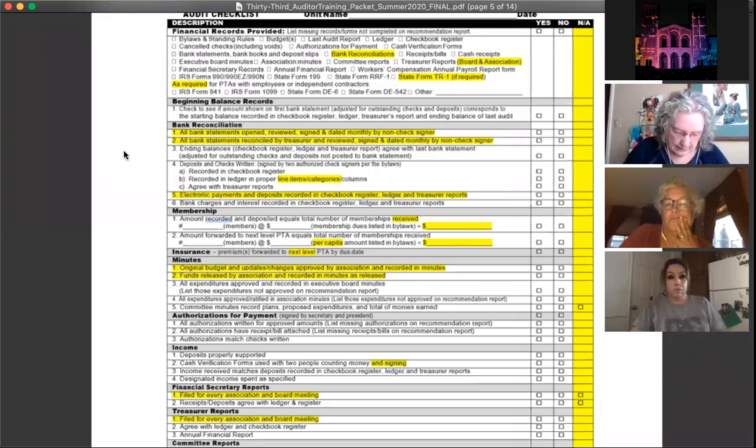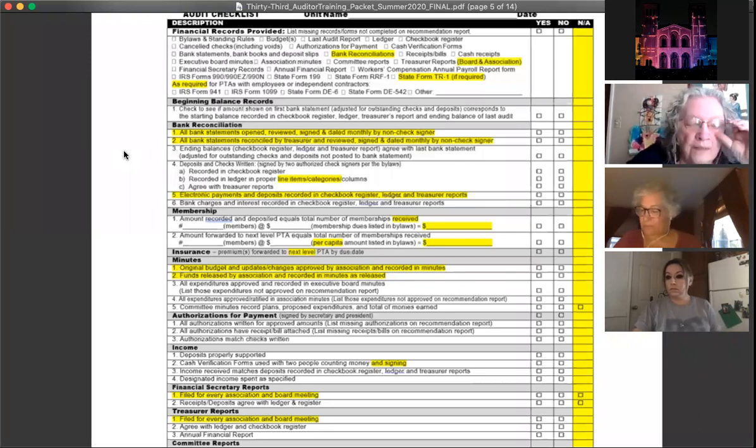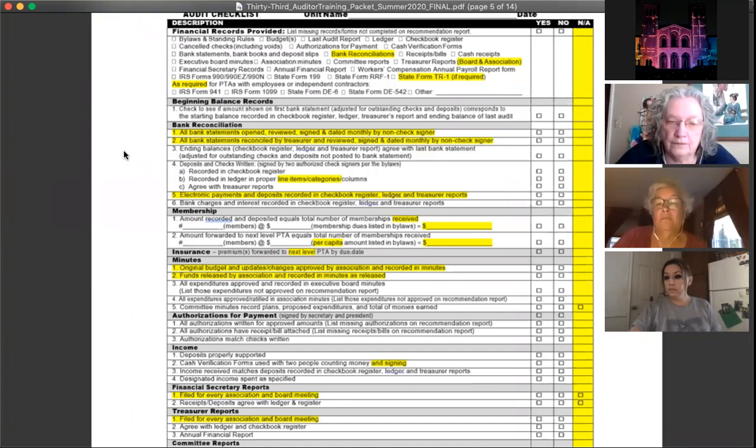Also, the minutes is kind of new, and they would include also the treasury reports that were presented at the meeting. So as far as treasury reports, and it said on the top, Treasury Reports Board and Association. These are treasury reports that were run for the board or association meetings.